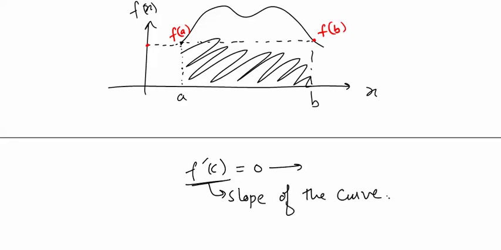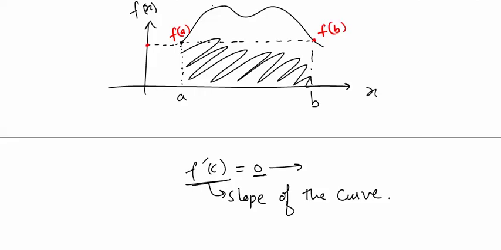Slope 0 means the curve is changing its direction, so the tangent, if you draw it, will be parallel to the x-axis.